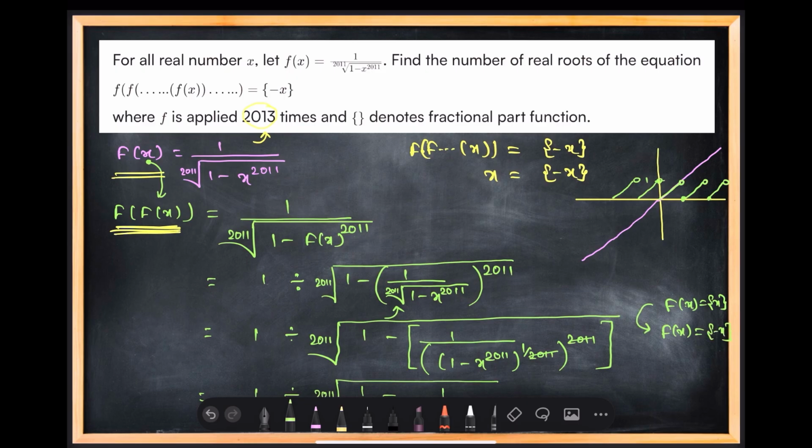What is the transformation we have taken? We have replaced x with minus x. Do you remember the replacement? If x is replaced by minus x, you should hold the y-axis and rotate it by 180 degrees. If y is replaced by minus y, you have to hold the x-axis and rotate by 180 degrees. So if you rotate, things will look like this.